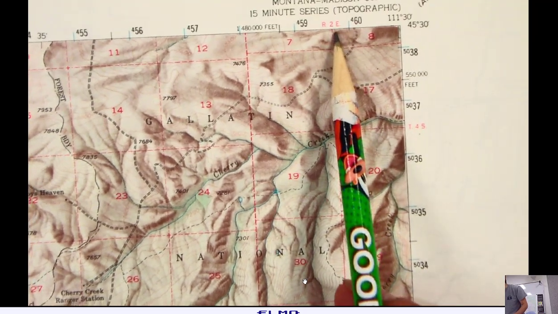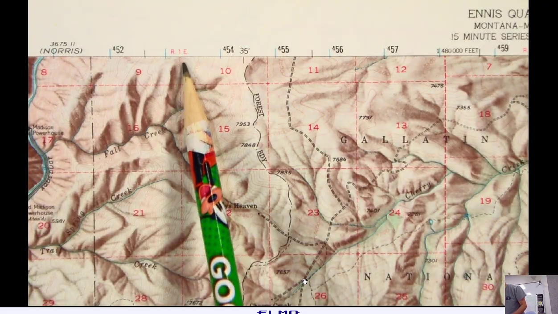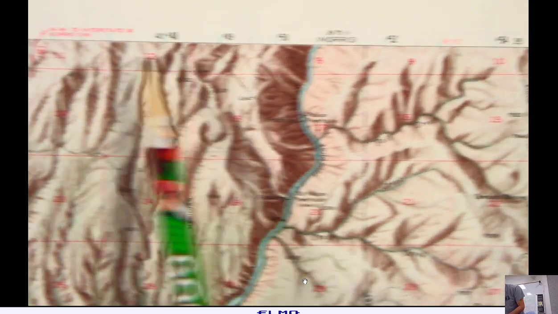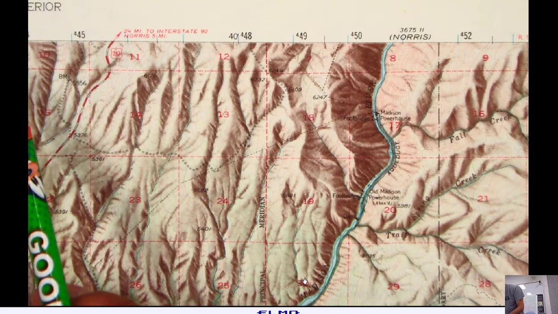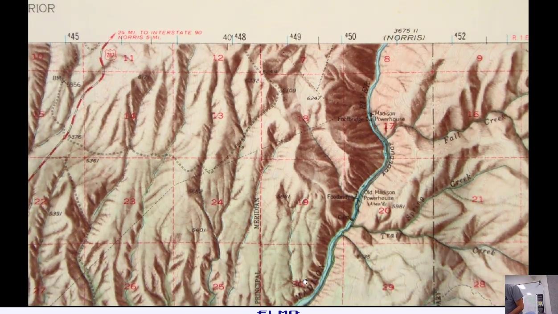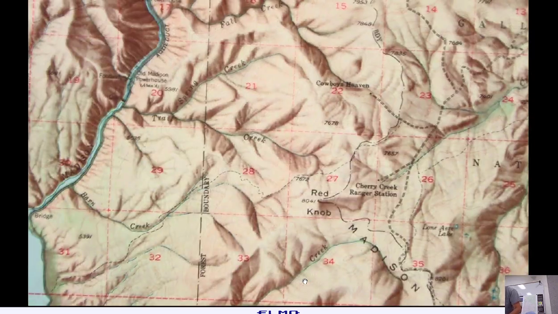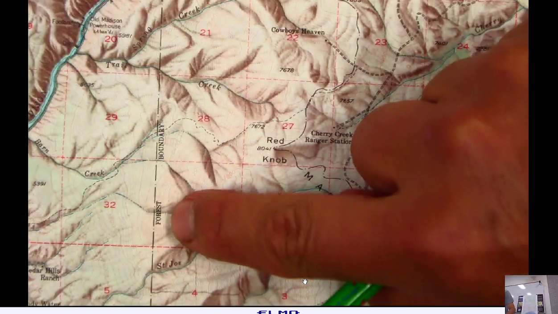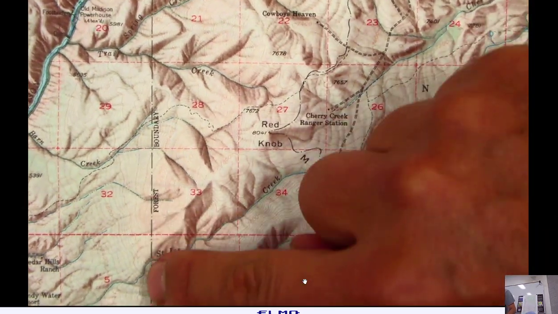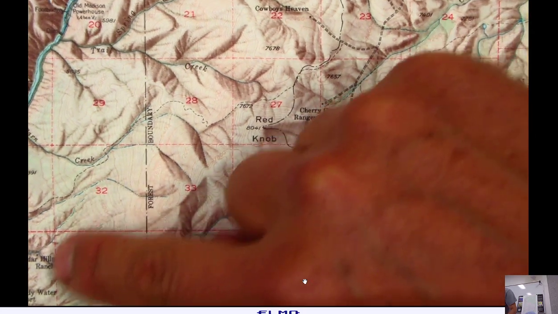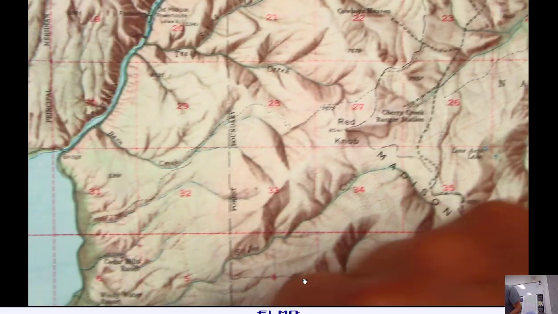And then at the top, you'll see there's range 2 up here, range 1 east, and then range 1 west. So there must be some baseline, it must go right through here.